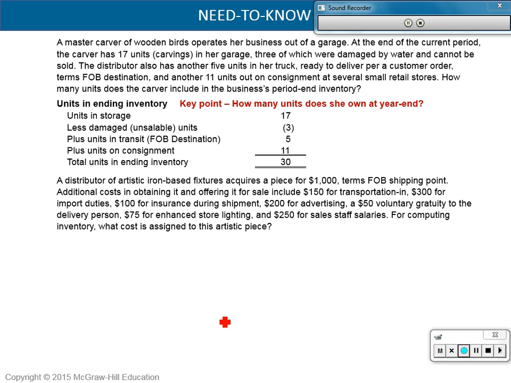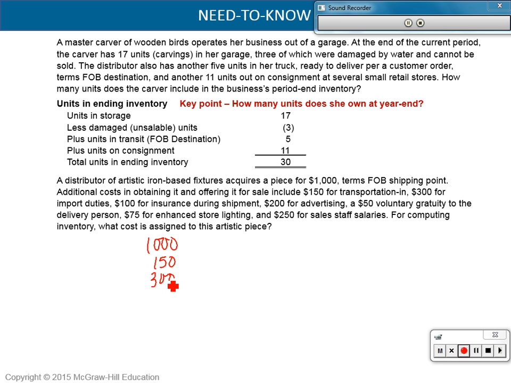What are the inventory costs of this transaction? What do we include? What don't we include? The iron-based fixture, because the original cost is $1,000, right? What else? The shipping, we add that for $150. The import duties for $300, we add that.